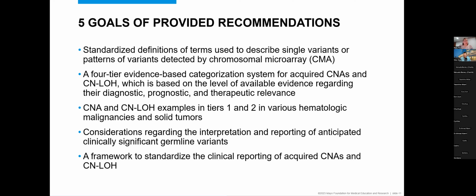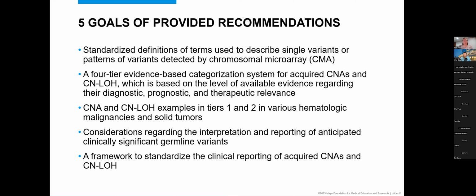They provide examples of tier 1 and 2 variants in various neoplasms. And then I think some of the most helpful work that came out of this was listing out those considerations regarding the interpretation and reporting of these variants.